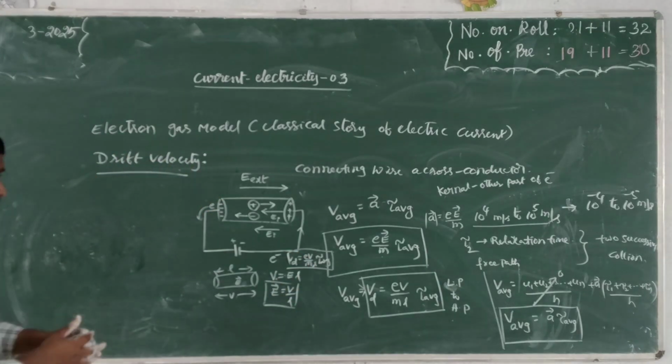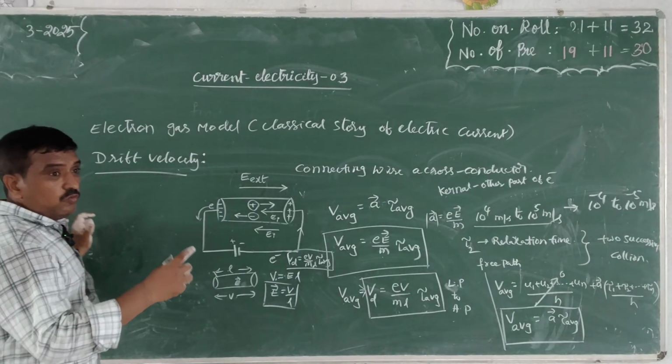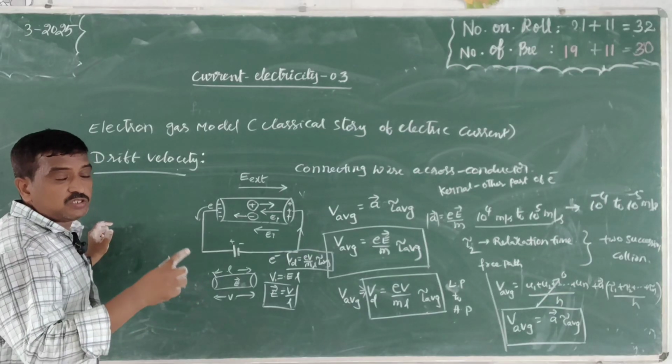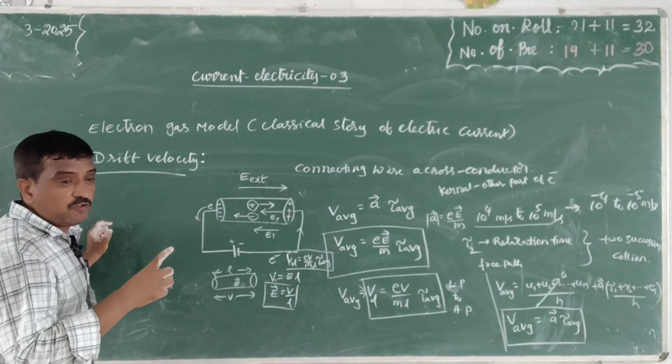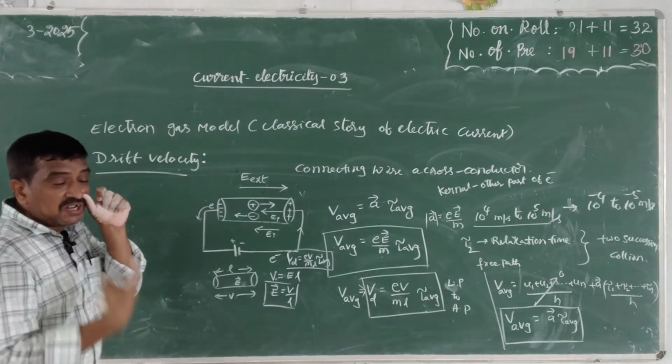Yes? It is about drift velocity. Drift velocity means the electron moves with small velocity. Why does it move with small velocity? Starting, its velocity keeps increasing. Later, because of collision with the kernel, its velocity decreases. So overall the electron moves with a small constant velocity in the direction opposite to the net external electric field.